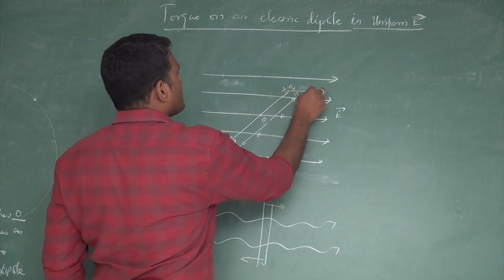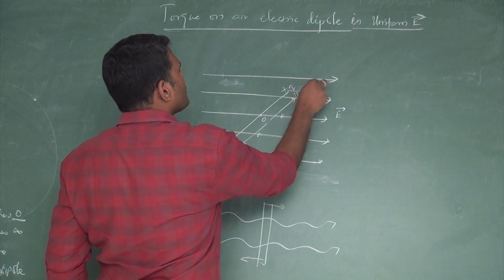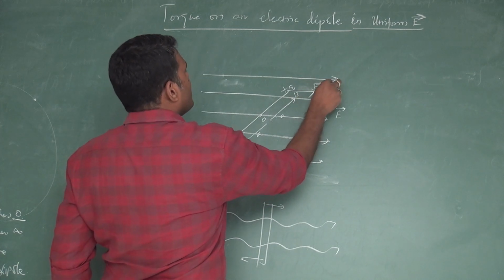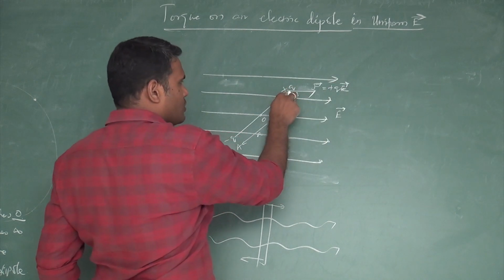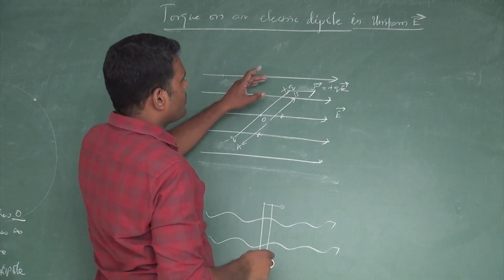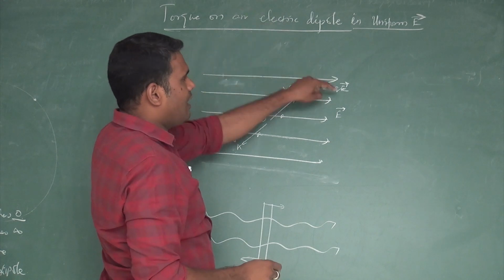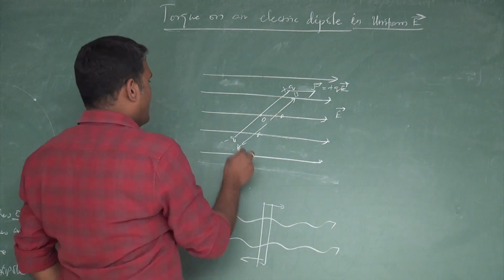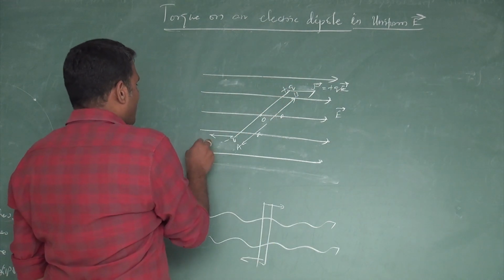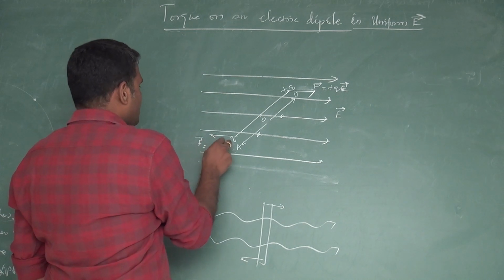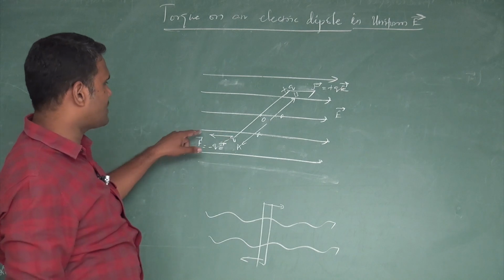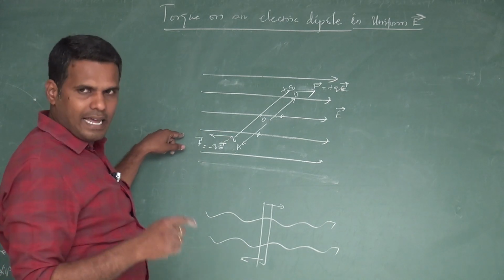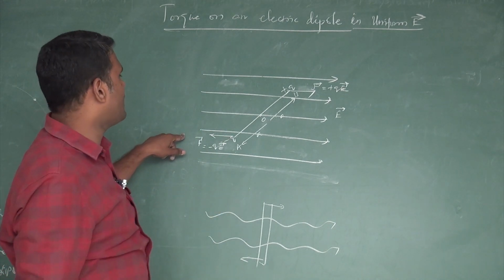So the plus q charge will experience a force F vector equals plus q E vector, acting along the direction of the electric field, and another force F vector equals minus q E vector acts in a direction opposite to the external electric field.